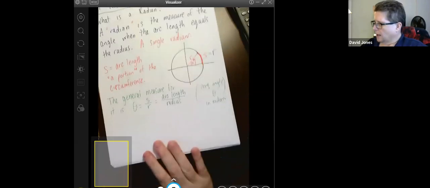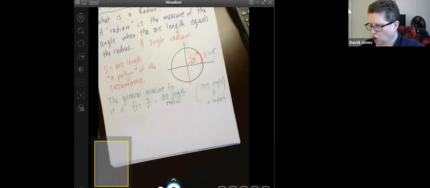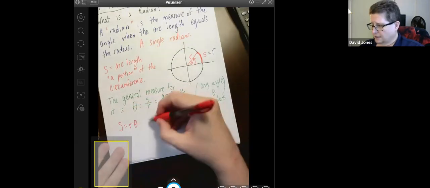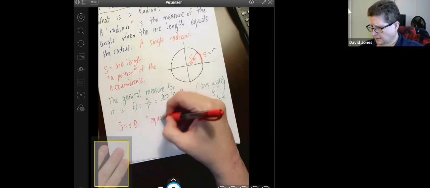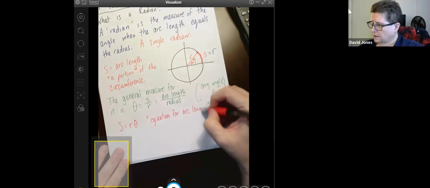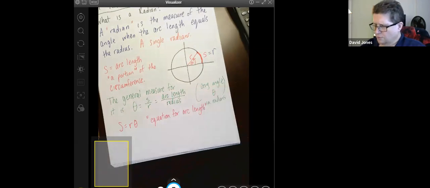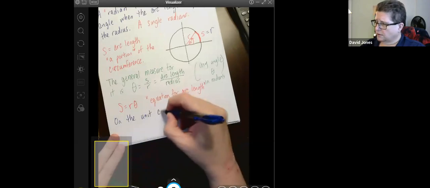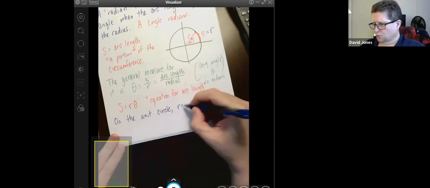Okay. If we multiply by R, you'll see the equation S equals R theta. This is the equation for arc length. And in a particular case where we use the unit circle, on the unit circle, R equals 1.